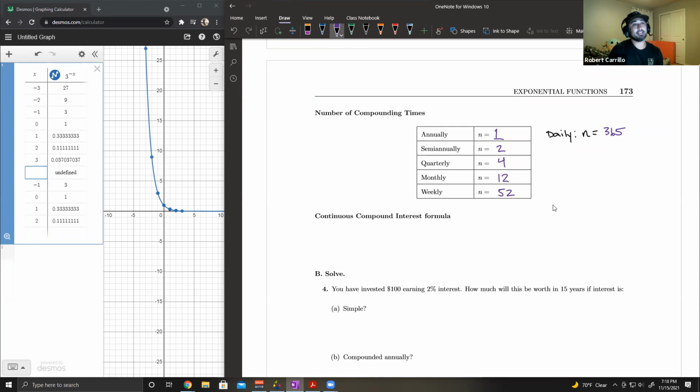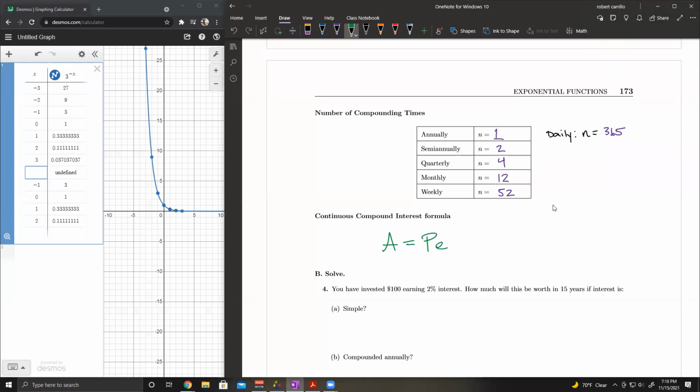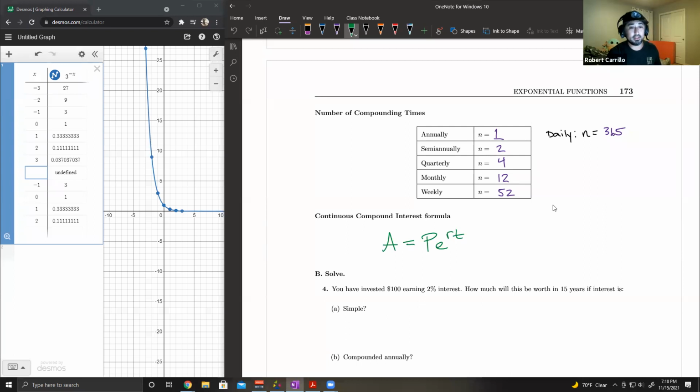But this is the continuous compound interest formula. It is A equals P times E raised to the RT. So continuous compound interest is known as our best friend, Pert.